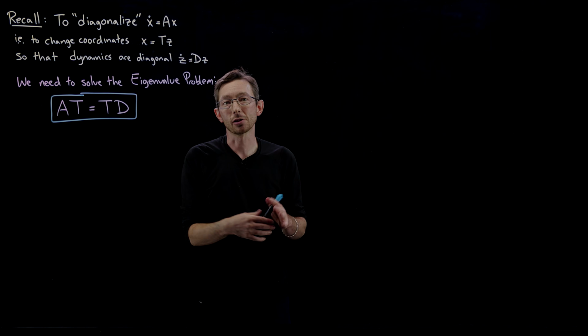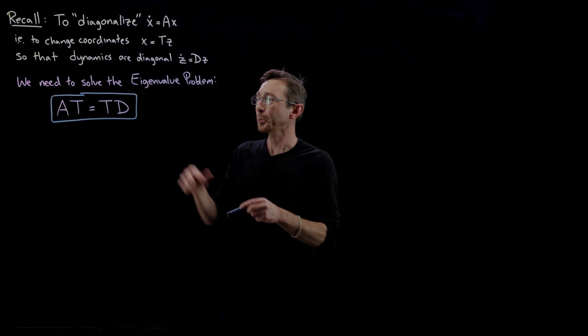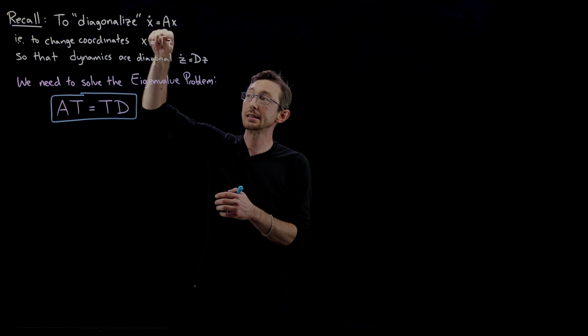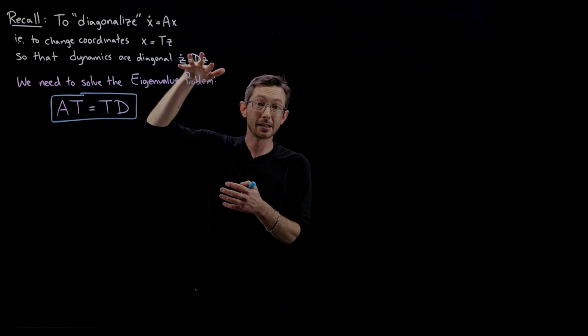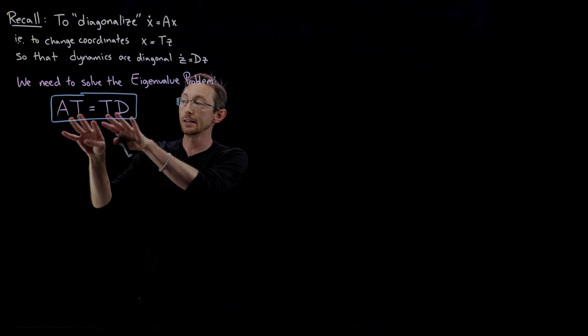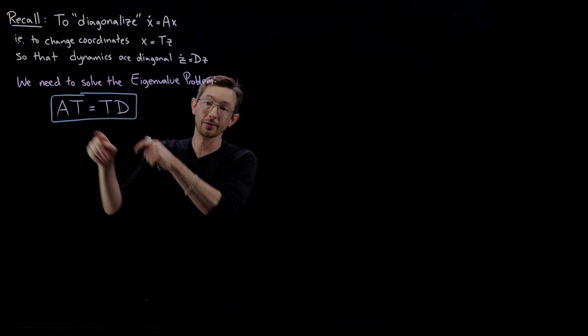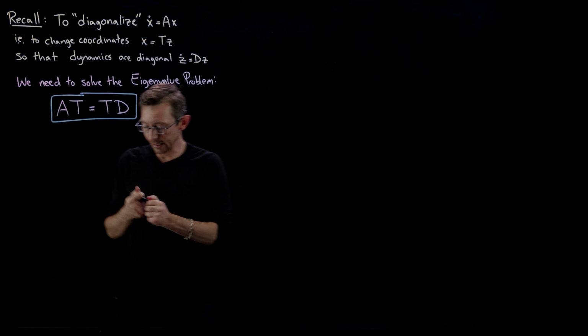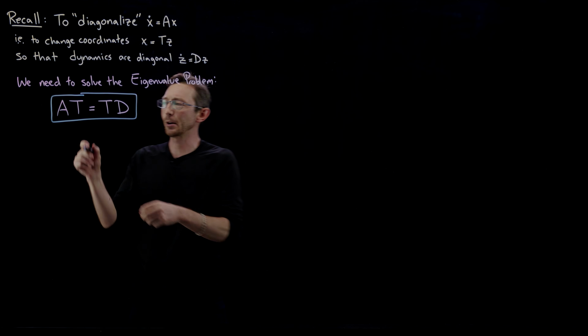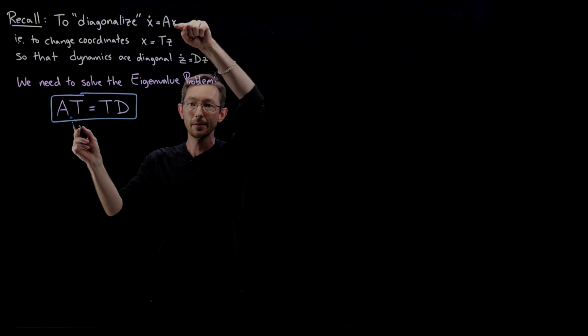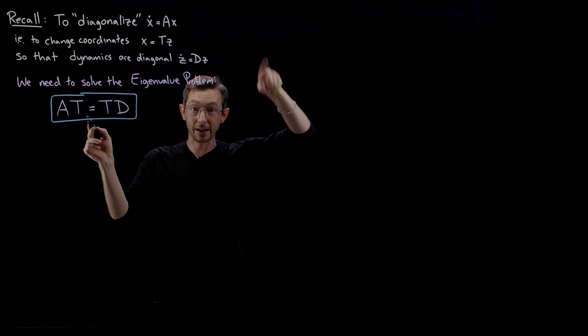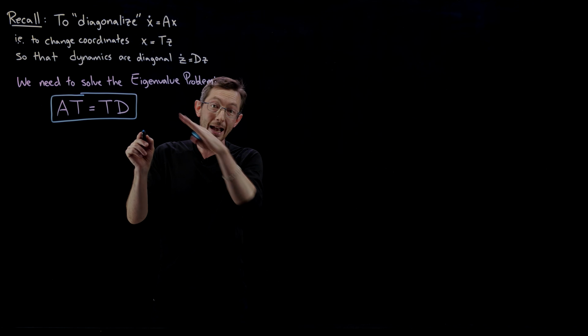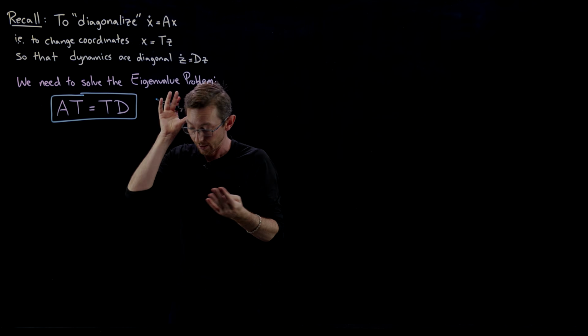And in the last lecture, I showed that the matrix T that diagonalizes my system is specifically the matrix T from this eigenvalue problem. In this expression, A is my original matrix, T is a matrix of eigenvectors of A, and D is a diagonal matrix of eigenvalues of A. So I'll just write this out.